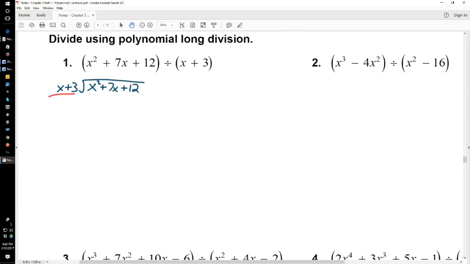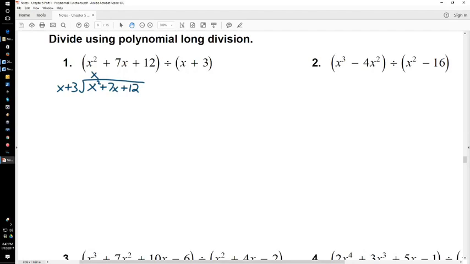It's not quite that complicated. All we need to think about in this case is the highest degree, that x out front. So what would I multiply x by to make it an x squared? Well, I would multiply it by an x. So x times x is x squared.